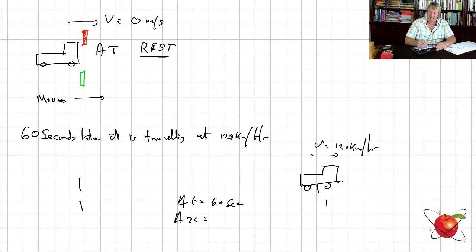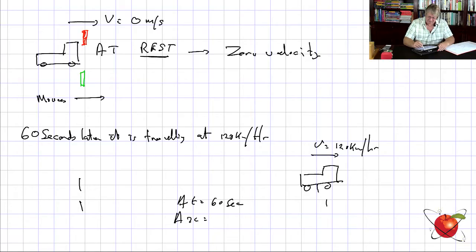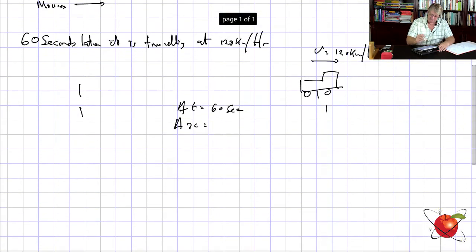The moment we see at rest, it means 0 velocity. It has stopped before it's going to go, or it came to a halt after it was traveling. So it was at 0, and then it went faster, and after 60 seconds it was that.